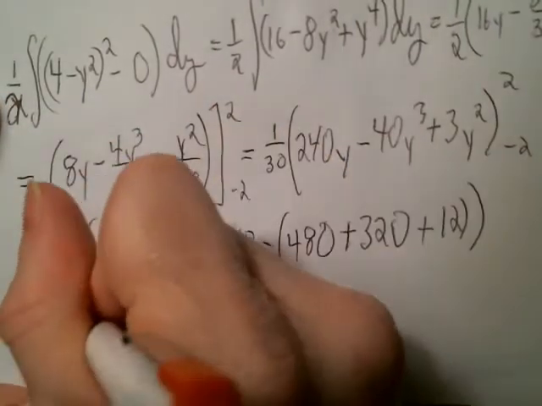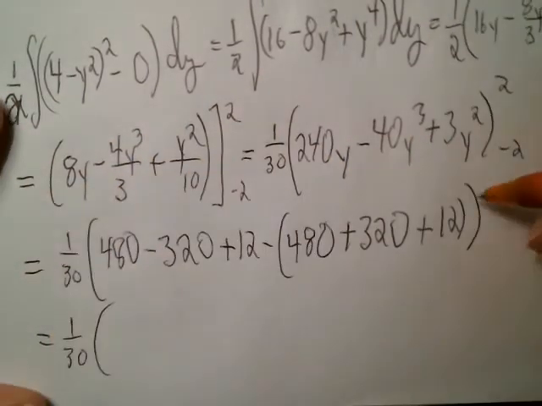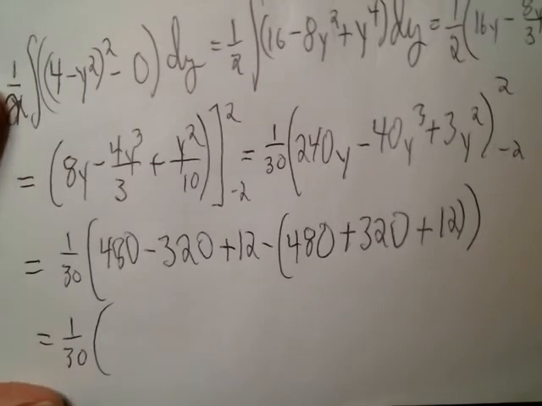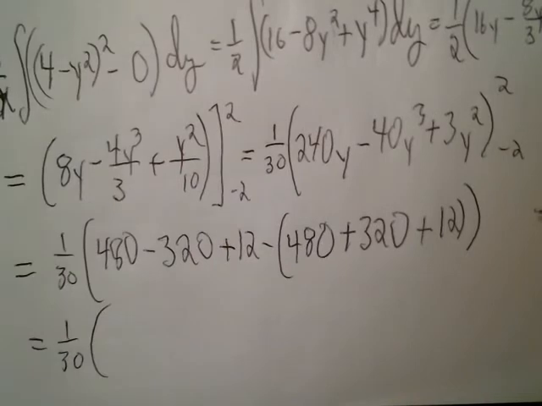Okay. And then this will be 1/30th times, well, it looks like we're kind of blessed in some regards. The answer is not negative, Dave. So what did I screw up?